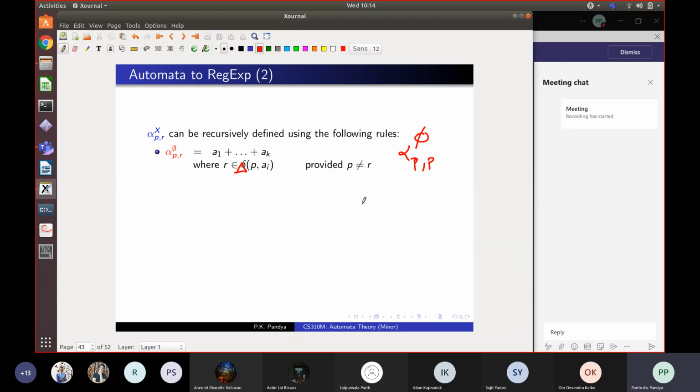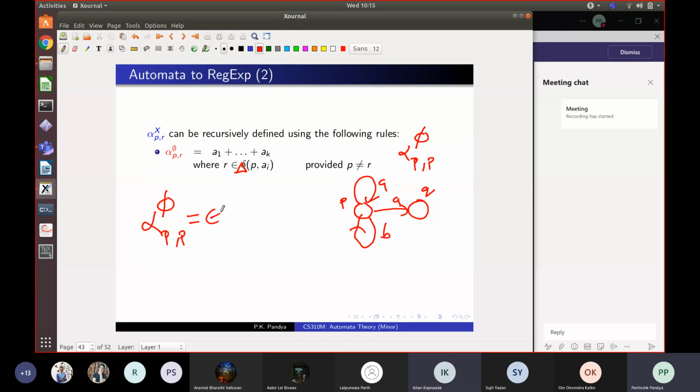So suppose I have got here A, I got here B, and then on an A, and this is my P, this is my Q. And on an A, I can also go from P to Q. On an A, I can go from P to P. On a B, I can go from P to P. In that case, what will be alpha of PP without going through any intermediate state?